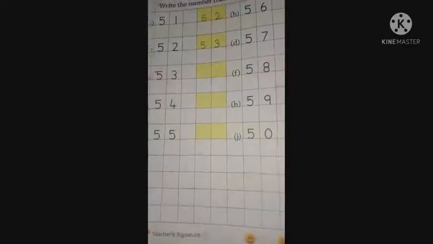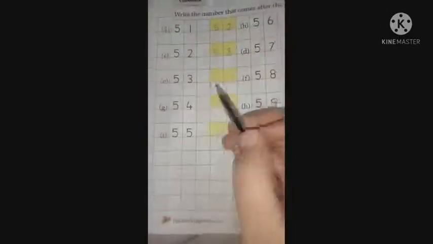Okay. Now what comes after 53? It's number 54. Now what comes after 58? It's number 59. Now what comes after 54? It's number 55. Now what comes after 59?